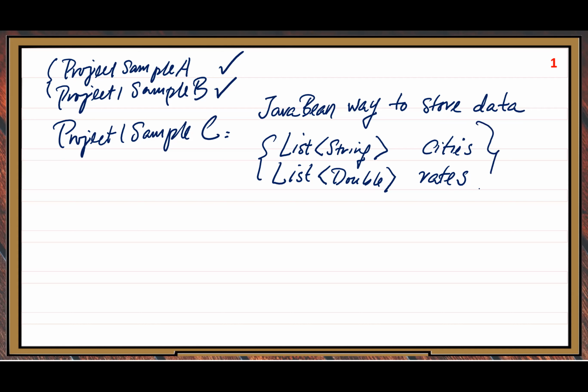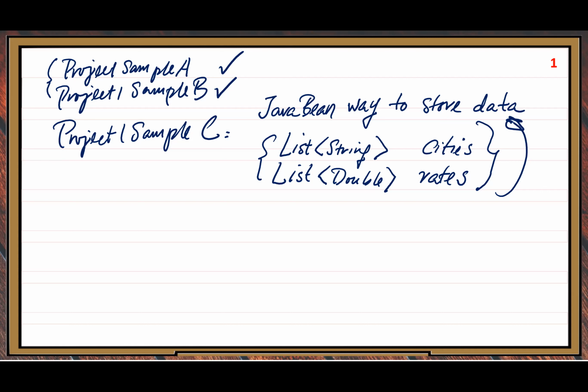So we put these 2 objects in that 1 Java Bean to send. Think about if we have multiple objects, 1, 2, 3, 4, 5. We can put all those objects as the properties of a Java Bean and send to the front end. Just 1 Java Bean object, we send it.